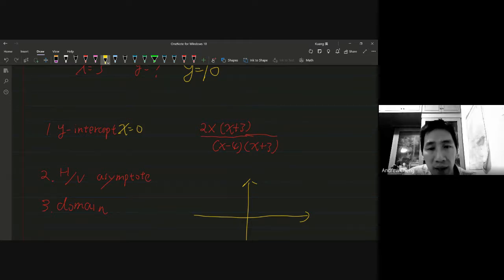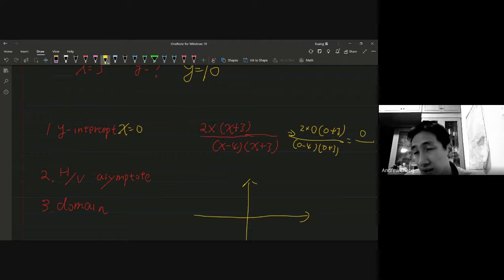So it will be 2 times 0 over 0 plus 3, and then 0 minus 4 times 0 plus 3. This is 0 over negative 12, so that's 0. So y equals 0. So the y-intercept is (0, 0). So the graph goes through the origin.